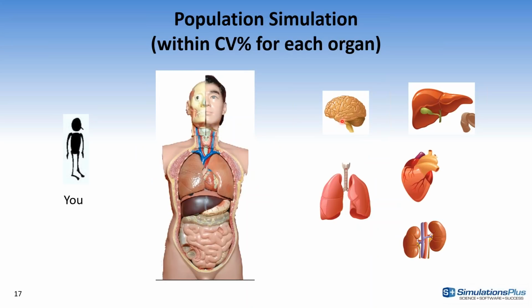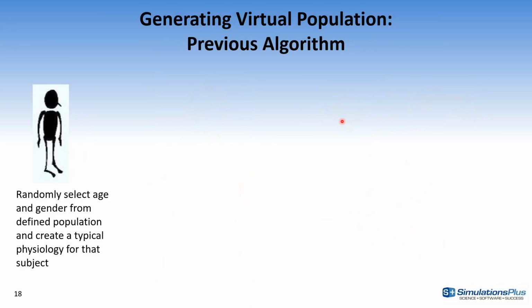And with the previous algorithm, the way it worked, up to version 9.5, in the first step, you would define the population in terms of how many males and females you'd like to have, what should be the age range, right? And based on those specifications, the algorithm would randomly select a subject of a certain age and gender from that population.